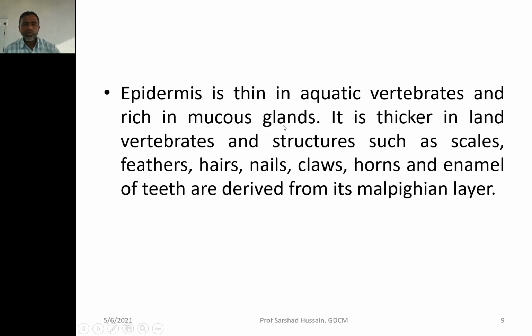So this is how you can see that the epidermis is comparatively thin in aquatic animals and thick in animals present on land, and land animals have these structures derived from the epidermis, and that too from the Malpighian layer of the epidermis.